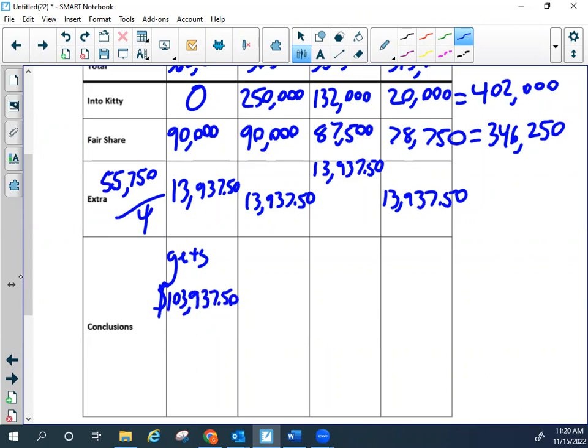Adrena, she gets the house. But if I take the 90,000 she put in her pocket, the 13,000-ish she put in her pocket, plus the 250,000 she gave to the pile of money, it means she lost or pays $146,062.50.